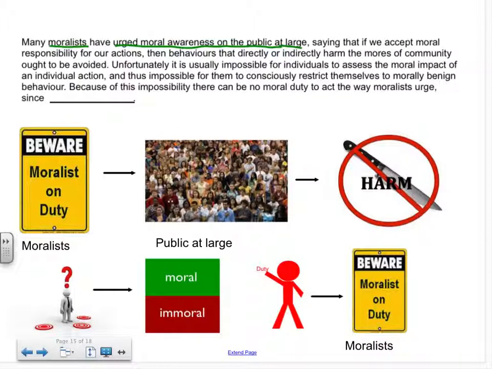And thus we've got a group of moralists, and they're urging moral awareness on the public at large, saying that if we accept a moral responsibility for actions, then behaviors that indirectly harm the morals of community ought to be avoided. In other words, we should be avoiding harmful behavior. Or not necessarily harmful, but immoral behavior.